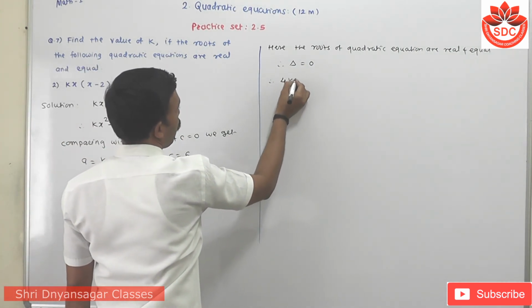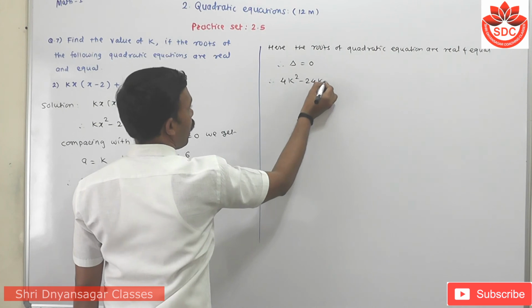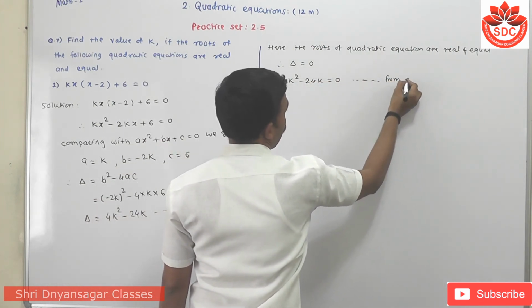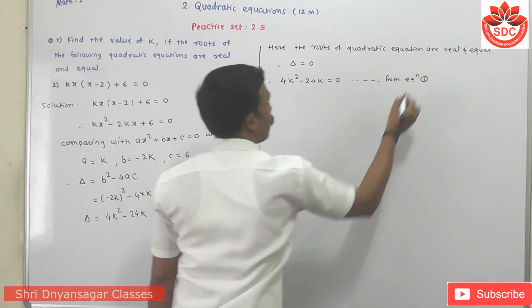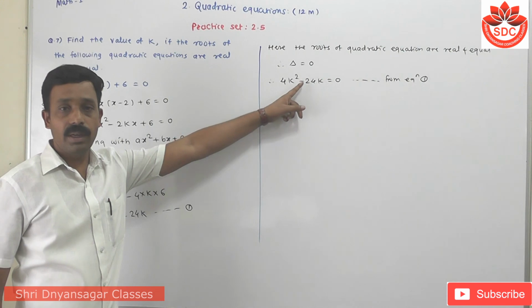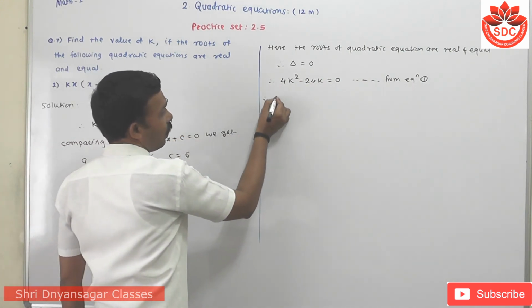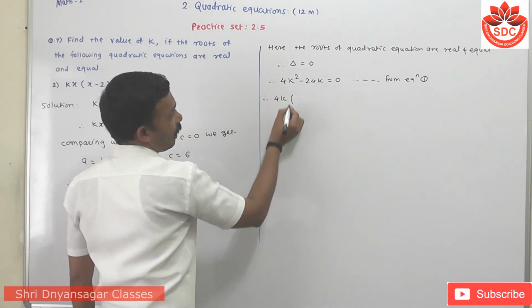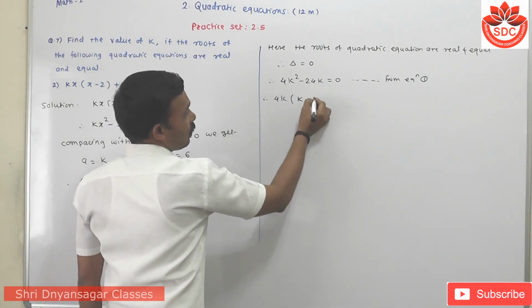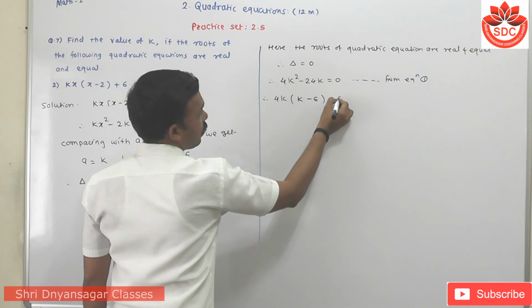Therefore, 4k square minus 24k is equal to 0. Student, when we observe carefully, here we take 4k common. Therefore, 4k in bracket, k remaining, minus 6, is equal to 0.